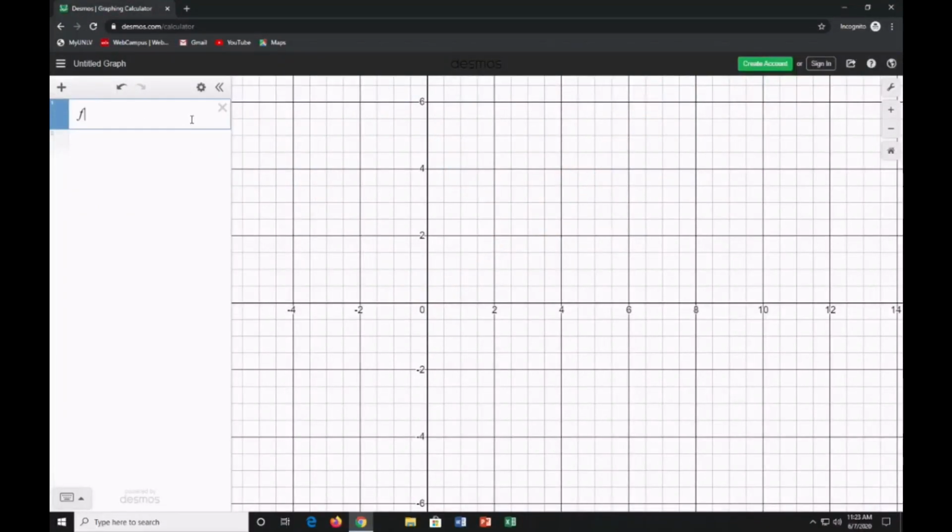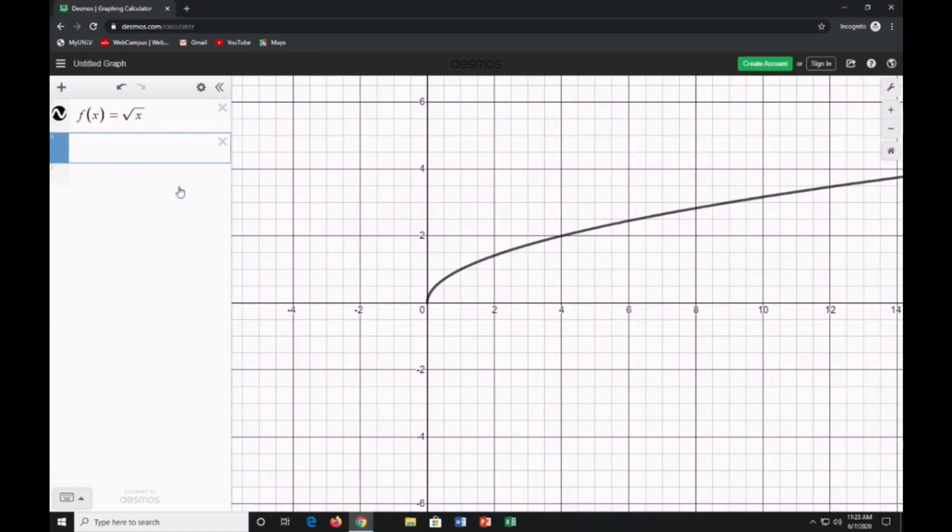So we have f of x, which is equal to square root of x. So that's the main function. Now we have to transform that, right?